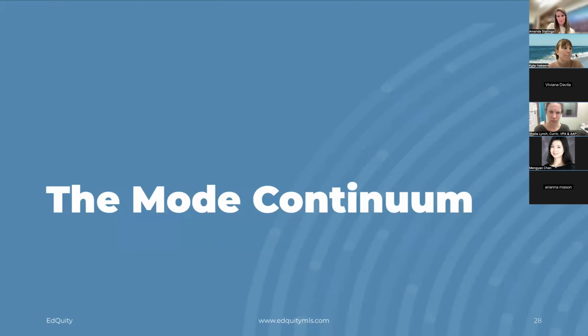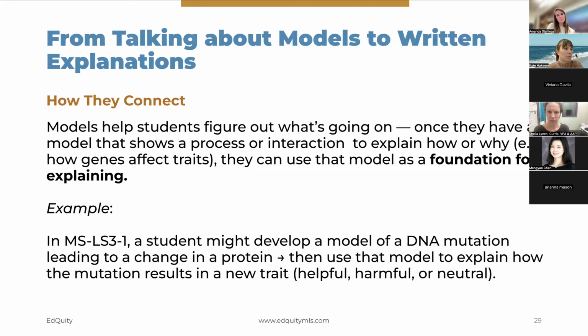So this brings us to the next piece of how models and explanations are so connected. Models help students figure out what's going on. And once they have a model that shows a process or an interaction to explain, they can use this model as a foundation for explaining, right?